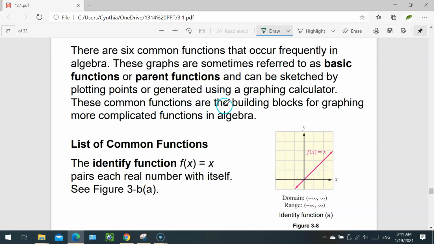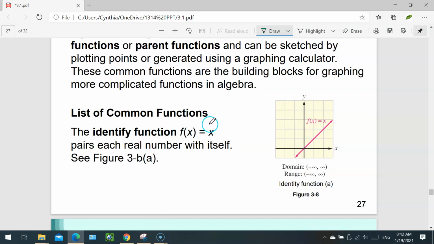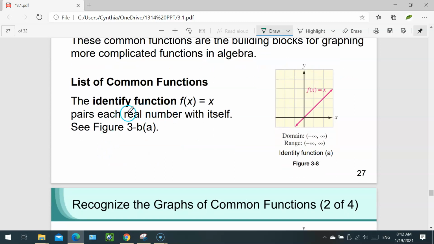These common functions are the building blocks for graphing more complicated functions in algebra. I highly recommend you memorize them or sketch the graphs, practice them very often, then you'll remember. So the first type of function is a segment, right?